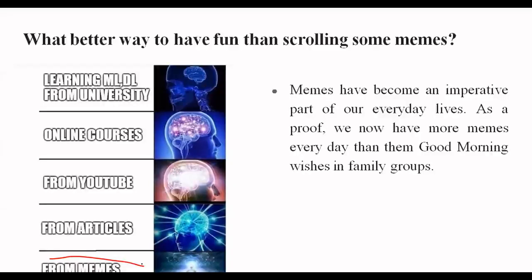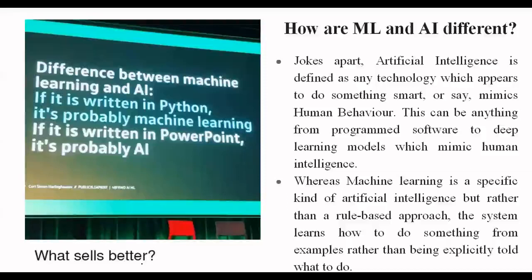So let's begin. The first learning from the meme is how ML and AI are different. This slide is taken from a popular presentation, and according to it, the difference between machine learning and AI is: if it is written in Python, it is probably machine learning, and if it is written in PowerPoint, it is probably artificial intelligence.